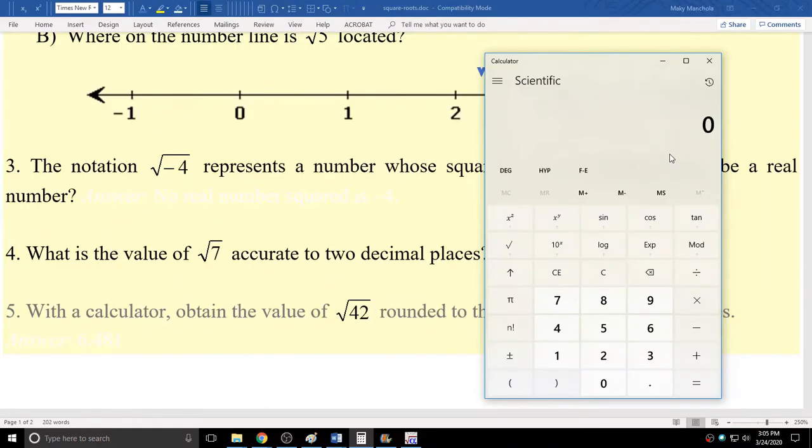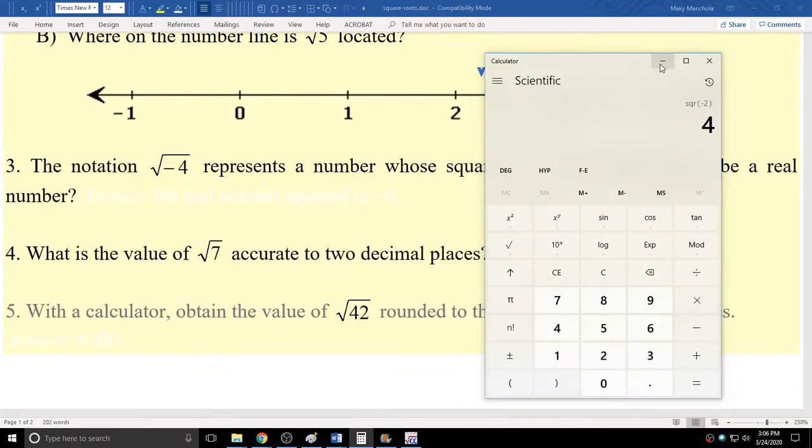So could it be a negative number? Could the square root of negative 4 be a negative real number? You're probably imagining that negative 2 should be the answer, but let's see if that's the case. Let me take negative 2 and raise it to the second power. The answer is 4.